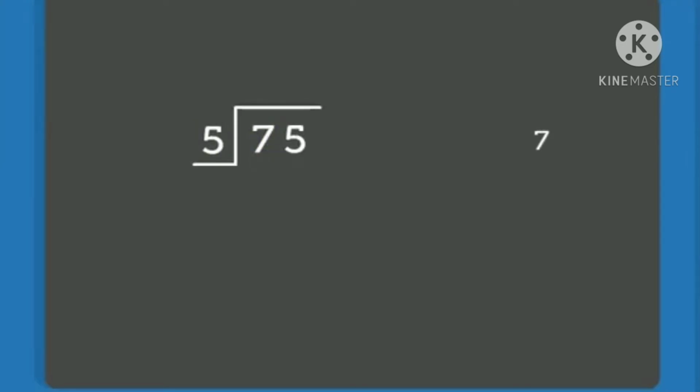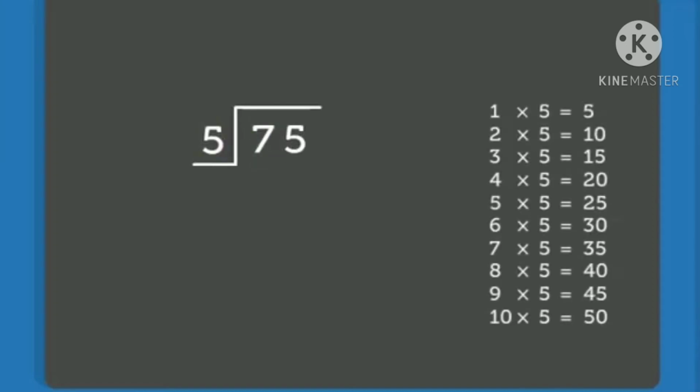Yes, 7 is greater than 5, and therefore we can divide 7 by 5. Here we use the table of 5 such that the product is equal to or less than and nearest to 7. So the nearest product is 5.